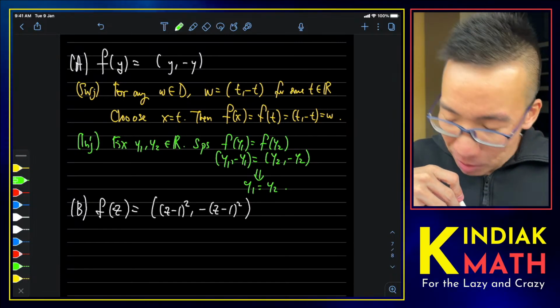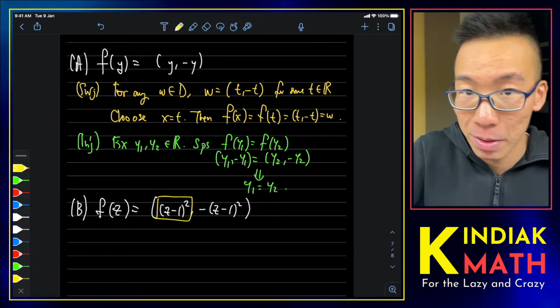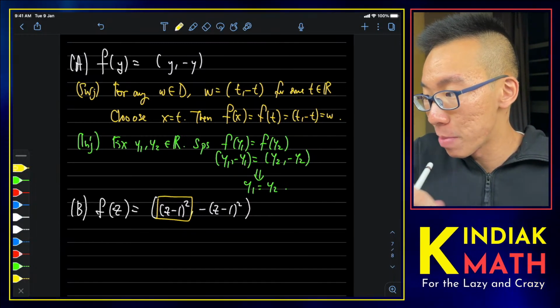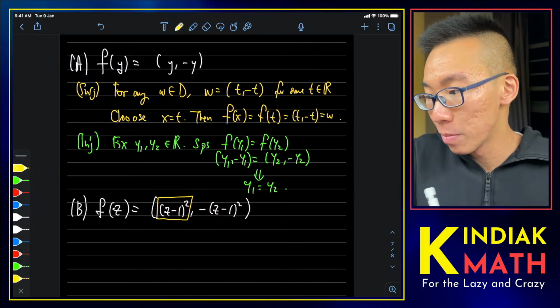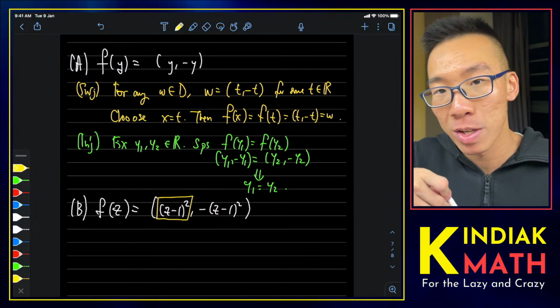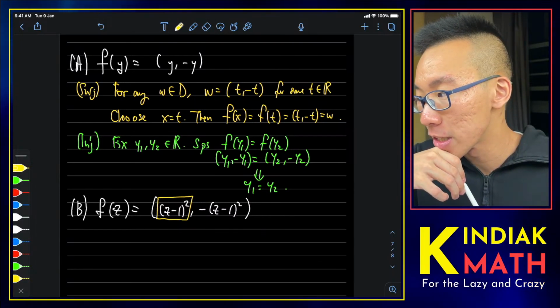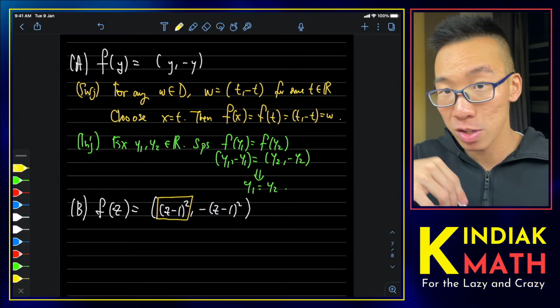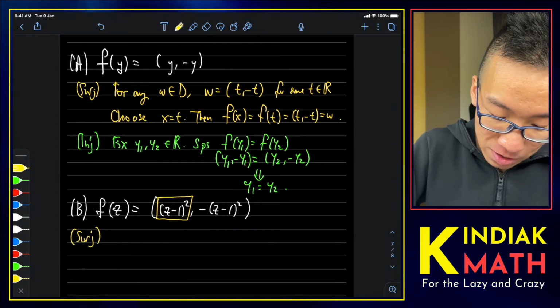Now, for part B, it's a little bit annoying because the square function actually messes everything up. If you just did it on its own, it's actually pretty doable. But once you have this squared term, things get annoying because the squared term cannot be negative. So it's not surjective.